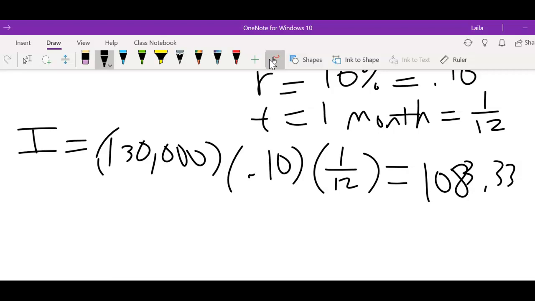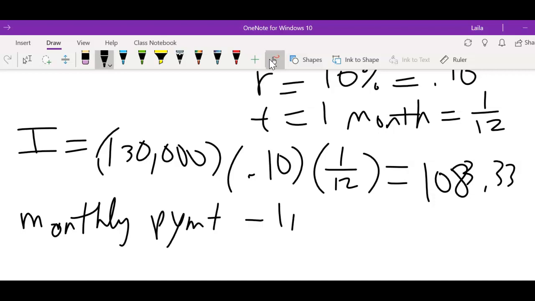So now to answer part C, we need to take our monthly payment minus the interest.